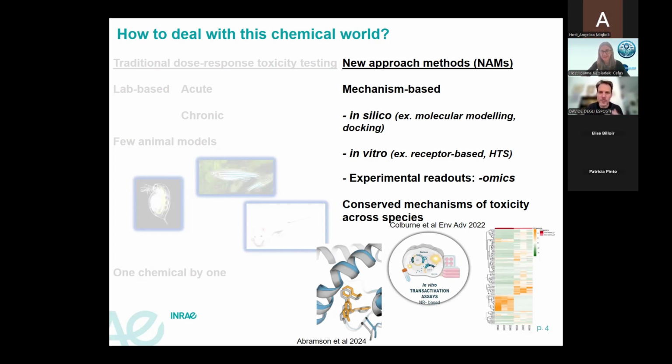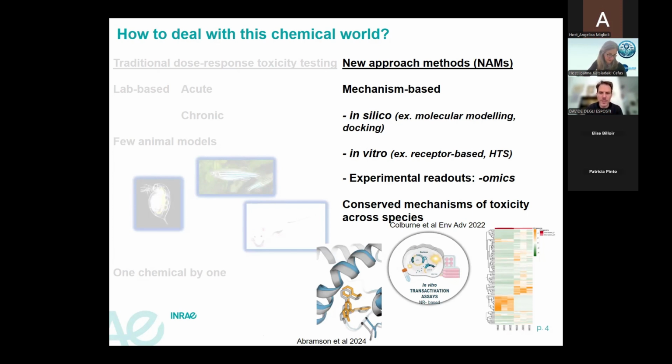So we have seen in silico approaches like those that Carly showed us, in vitro receptor bioassays, for example high throughput assays, and all the omics approaches that have evolved.